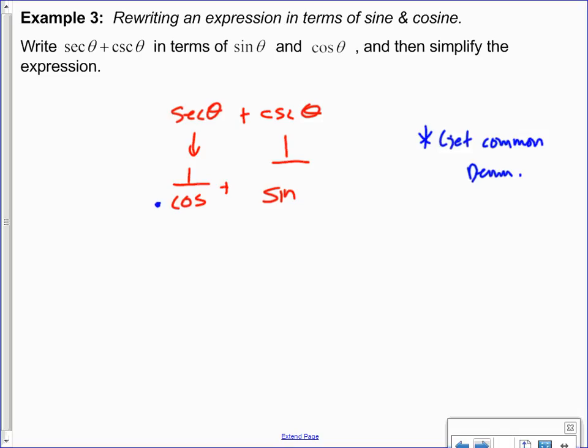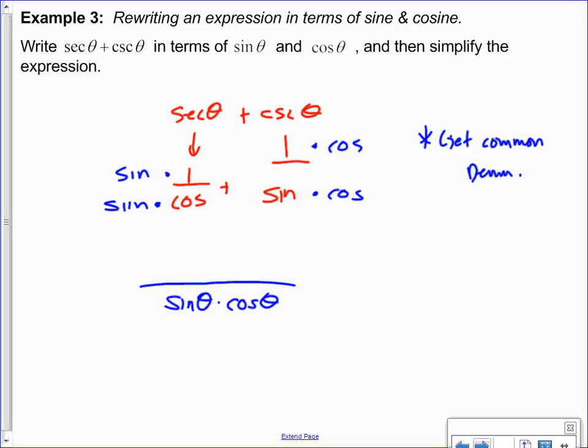So this denominator is going to need the sine. Whatever you do to the bottom, do to the top. This one has a sine, it needs a cosine, so multiply by cosine. What's my common denominator? Sine theta, cosine theta.